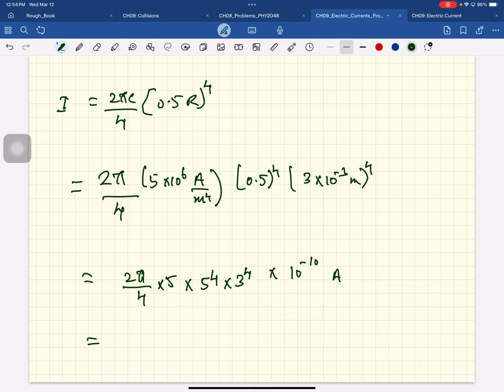So this works out to 39.8 into 10 to the minus 6 amps.